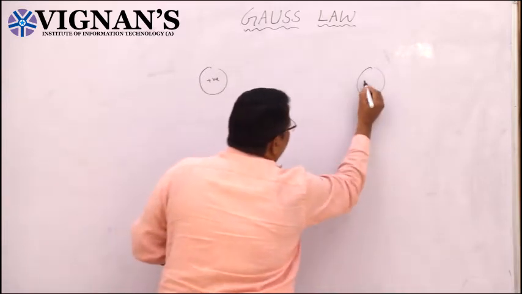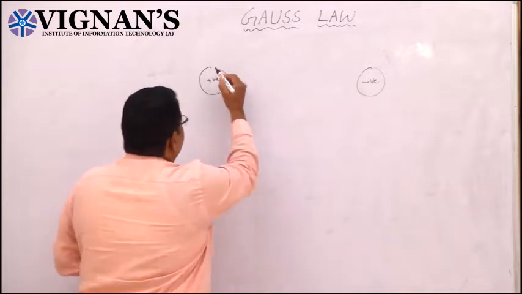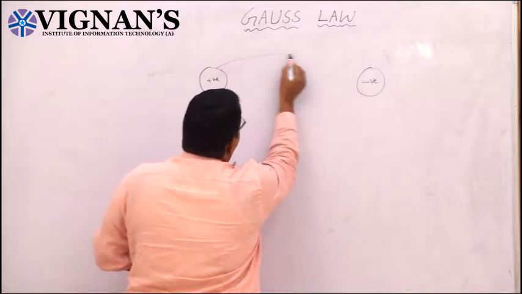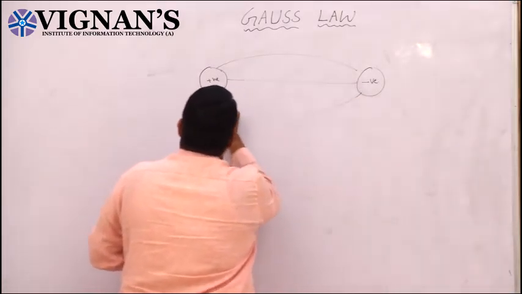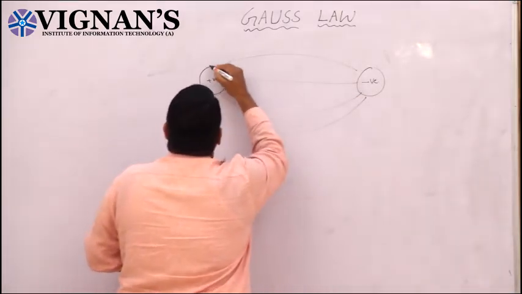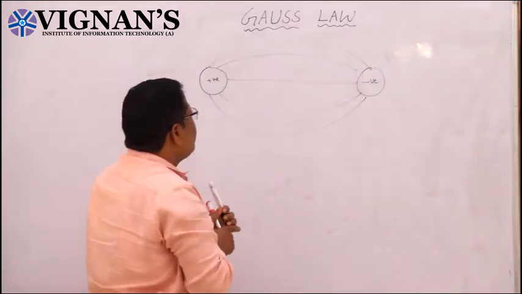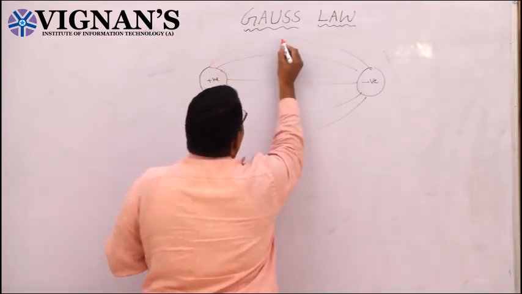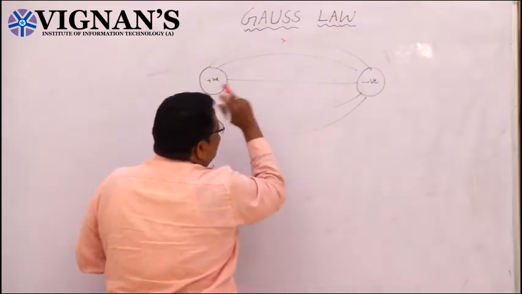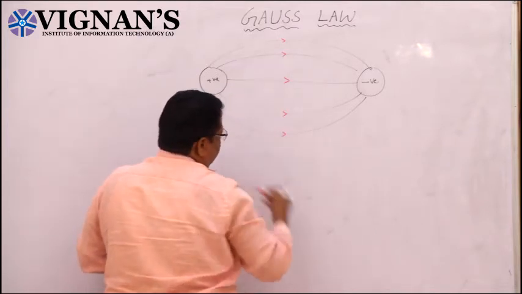The flux line is always from the positive charge to the negative charge in this manner. These flux lines are nothing but electric flux lines. See the direction of these flux lines, from the positive to the negative, as shown in the figure.